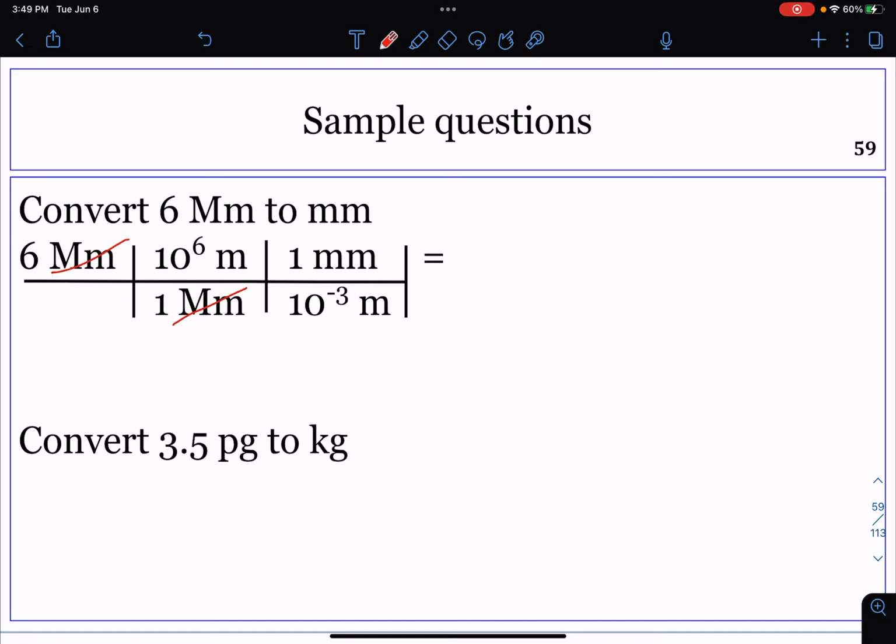And now we're going to convert meters to millimeters. The multiplier for milli is 10 to the negative 3. That goes with the base unit, which is the meter. The 1 goes with the millimeter, the one that has the prefixed unit. We write the meter on bottom so that these 2 meters can cancel. So now we multiply across the top and divide across the bottom.